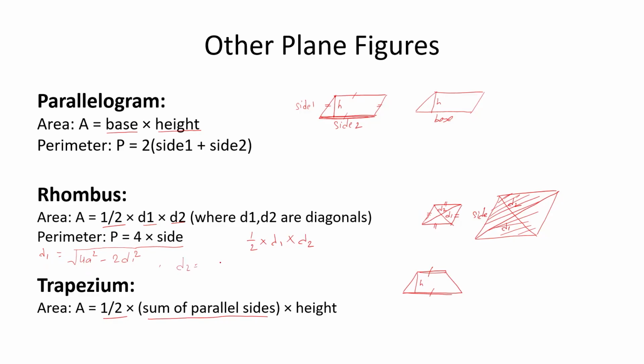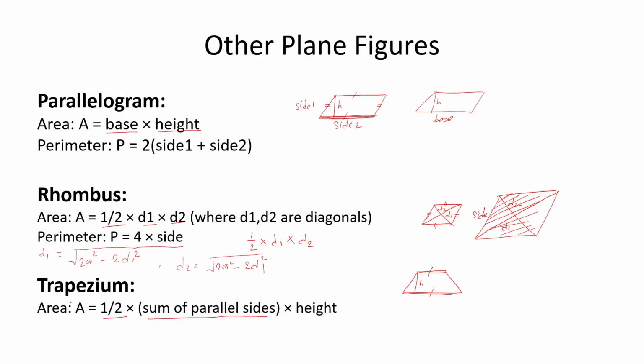Similarly, D2 is equal to the square root of 4A square minus D1 square. So if one diagonal and one side are given, you can apply this formula to calculate the other diagonal, and then you can calculate the area if such a question comes in the exam.